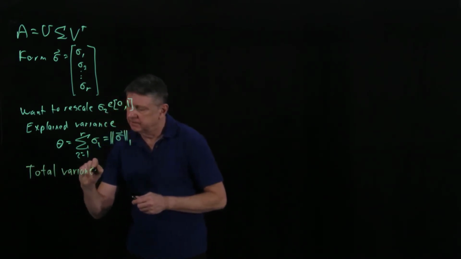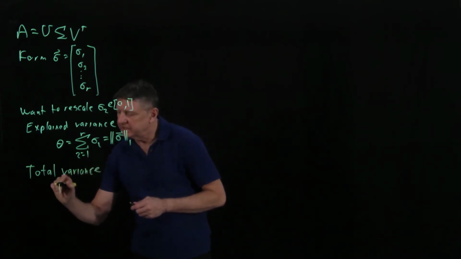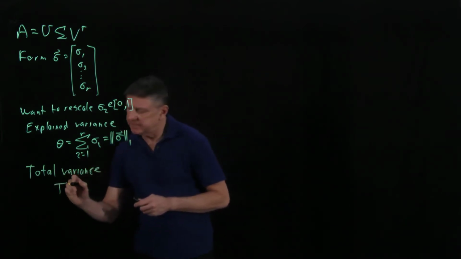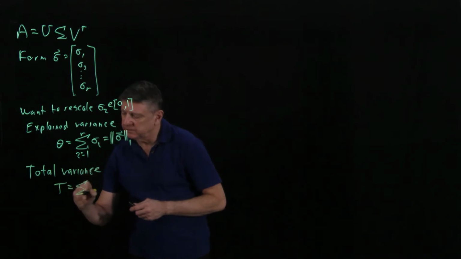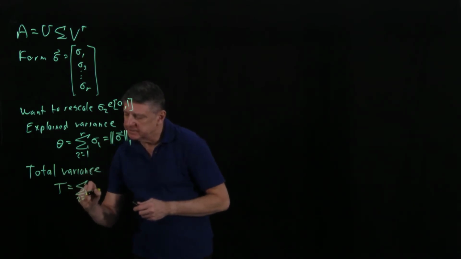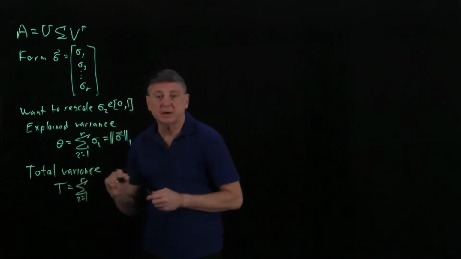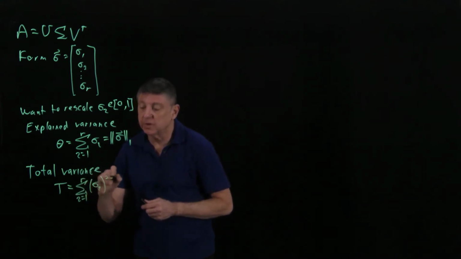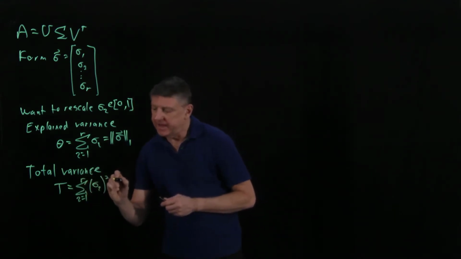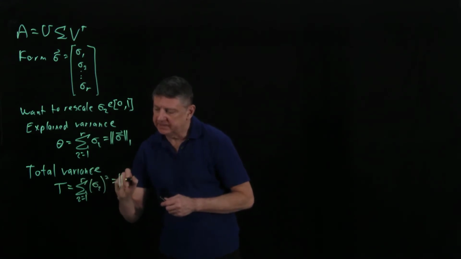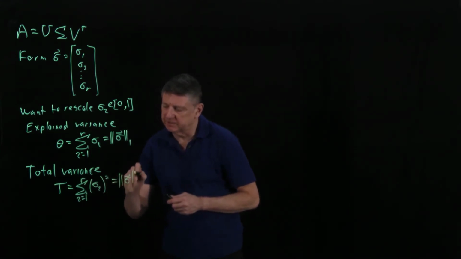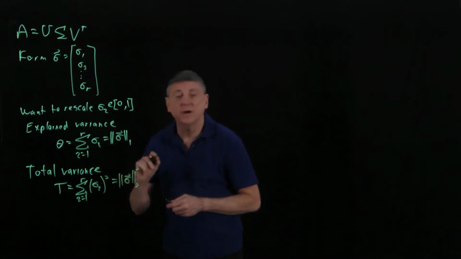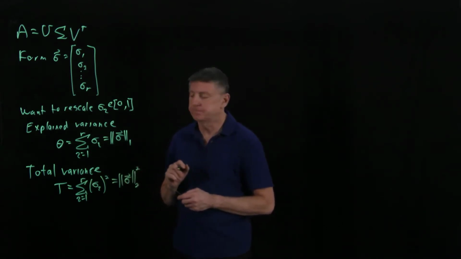And the total variance is often represented with a capital T, and that is closely related. It's the sum, as I go from 1 to rank R, of we take each of the singular values and square it. And that, we can see, is like taking this vector of singular values, and that's the squared L2 or Euclidean norm.